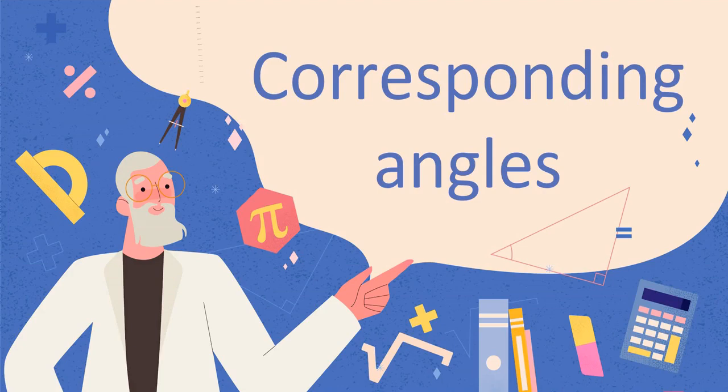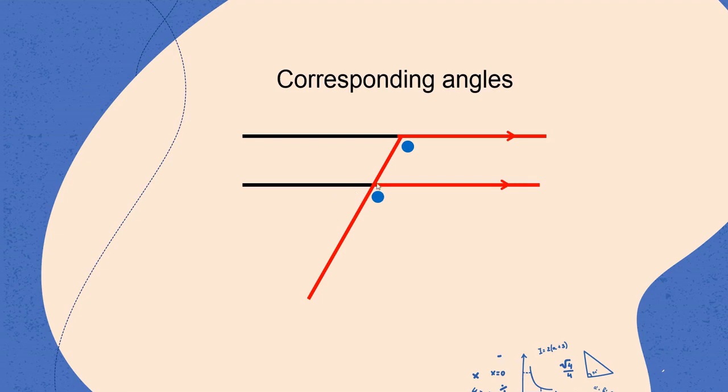So the first one is corresponding angles. And with corresponding angles, the best way that I remember it is by identifying an F shape. So in this case, we are given two lines.